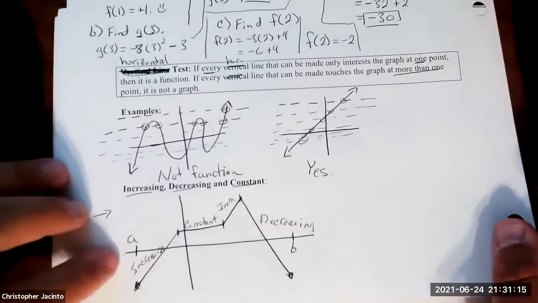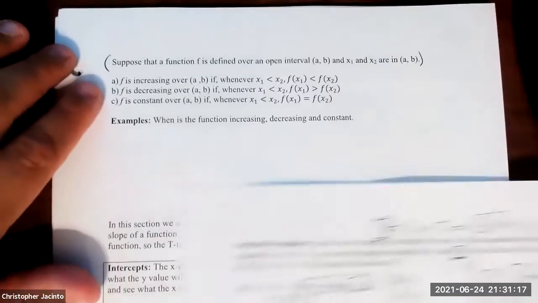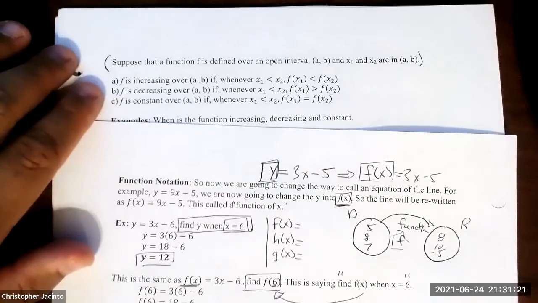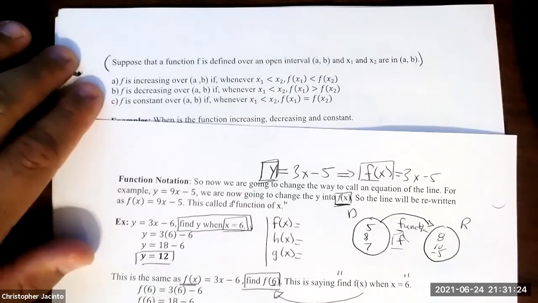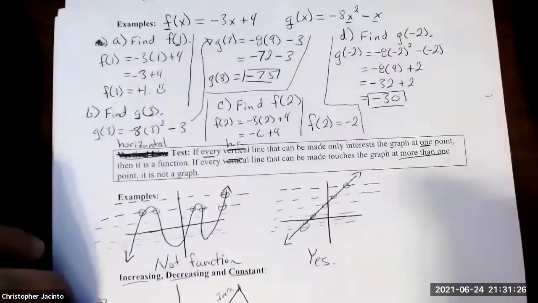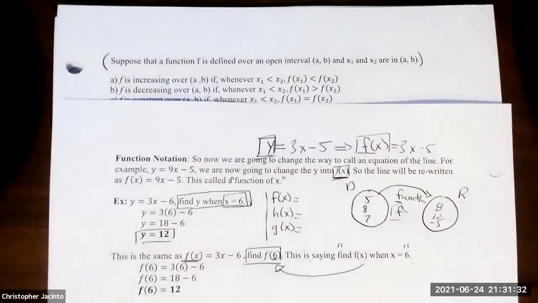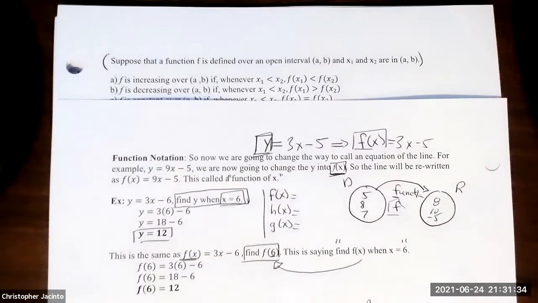So if we have this scenario, the actual definition of increasing is: x1 is less than x2, therefore the y values are less than each other. So in layman's terms, you're just going up. Same thing, we're decreasing over the interval a and b.